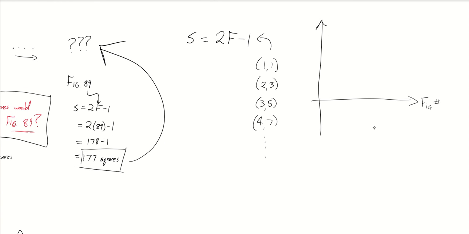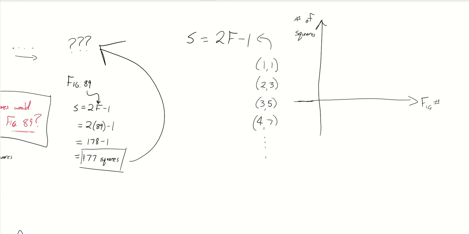In this case, instead of the variable y, we're using the variable s. And so we could say here this represents the number of squares. And so if we have the number of squares on our y, or we could call it our s-axis, and the figure number on our f, or we could call it our x-axis or horizontal axis, it doesn't really matter. Anybody would understand what you mean if you called this by accident the x-axis.